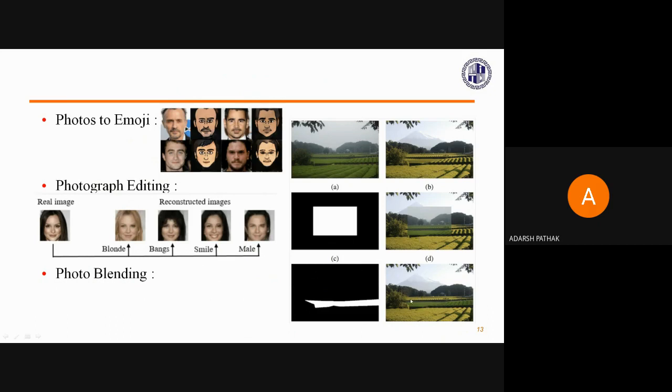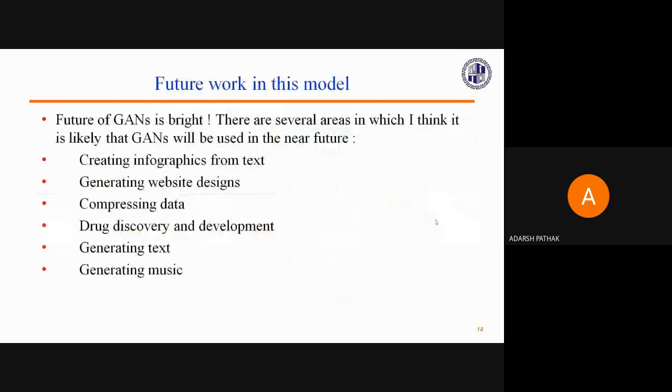Finally this image is generated, which has the green field from the first image and the mountain from the second image. In this way, with the help of GAN, we can generate a combination of objects of images. This is very useful in generation of different types of images. Further I will explain the future work on this model.